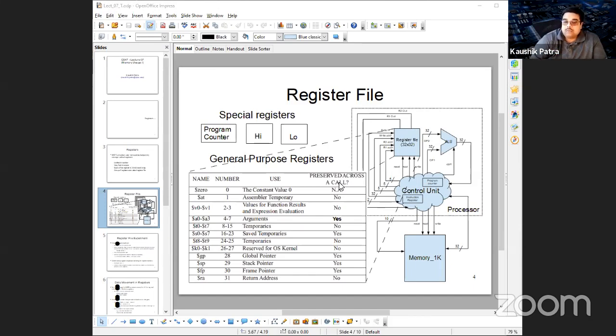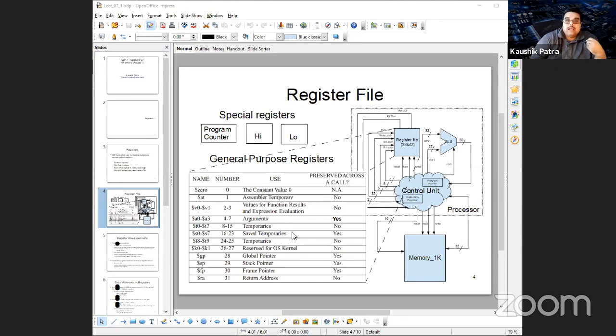But right now, what we are trying to learn is our usage of these registers, somewhat with respect to function calls, and let's assume there is a function call in future.